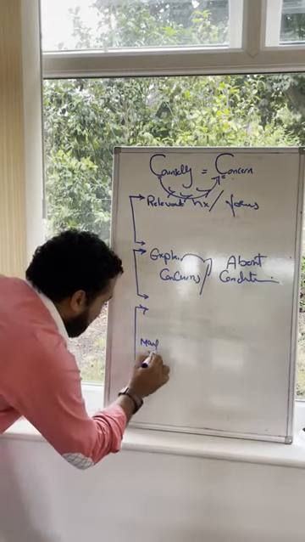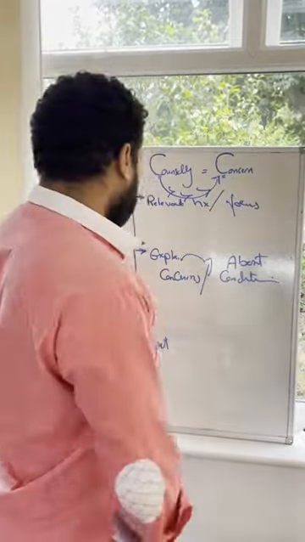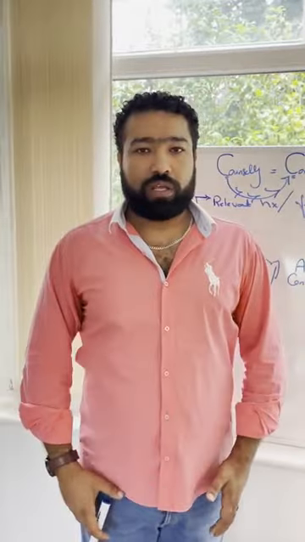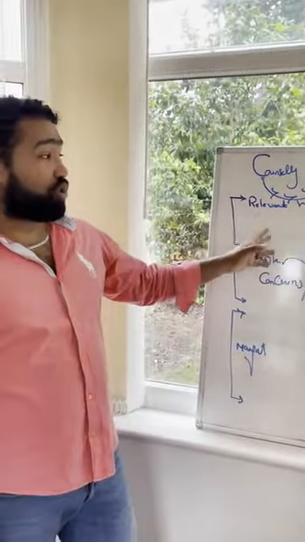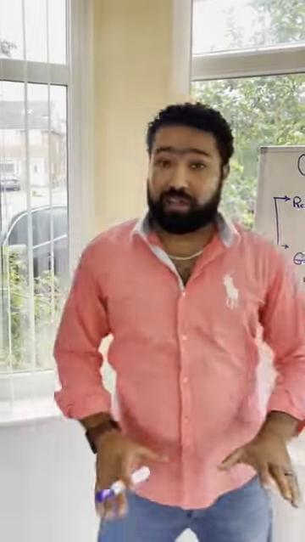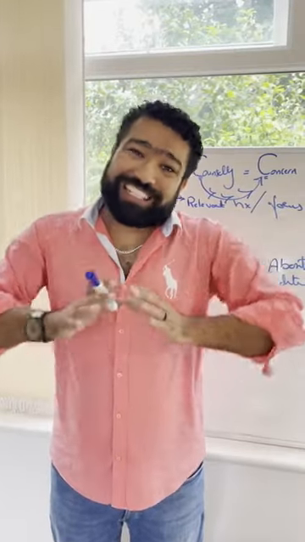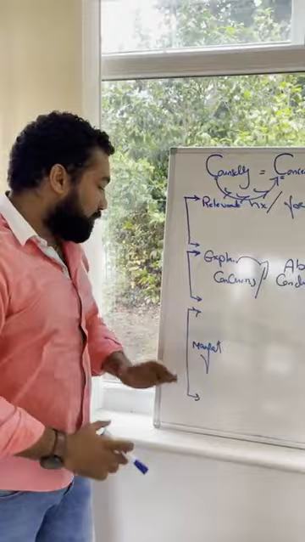So there are three parts in a counseling station. Counseling equals concern. The first part is relevant history, focus history. I will tell you now what relevant history or focus history is. The second part is explaining about the patient's condition, or the reason why he's coming for the visit. The third part is management.